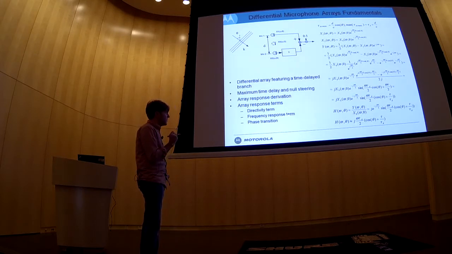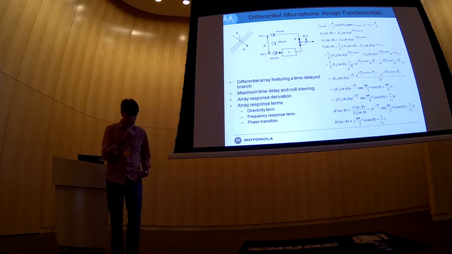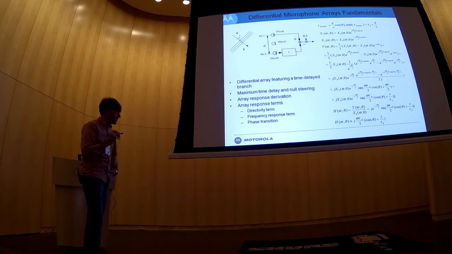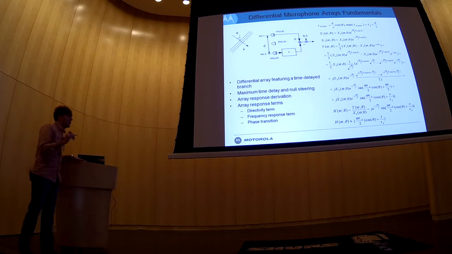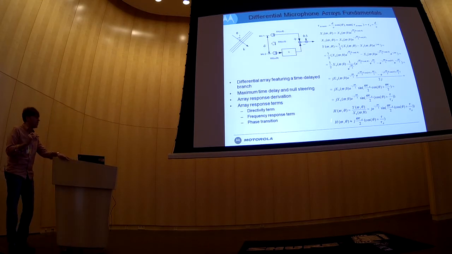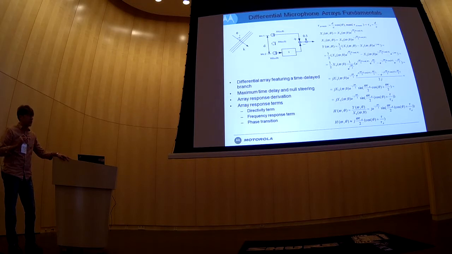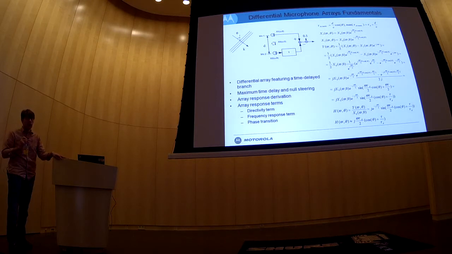This term defines the frequency response of the array, and what it does is make the array behave as a high-pass filter with a certain slope. In other words, this defines why the differential microphone array is lossy at low frequency.